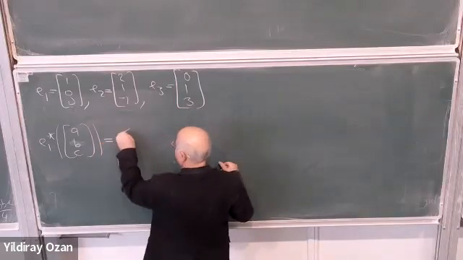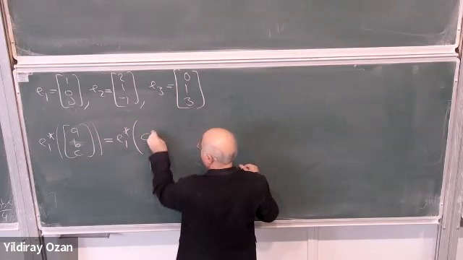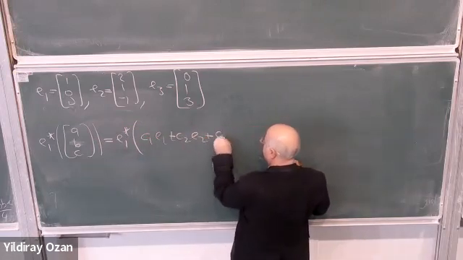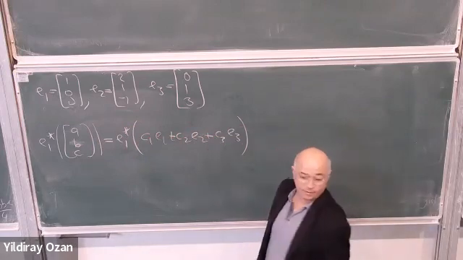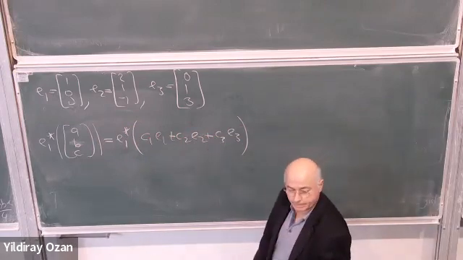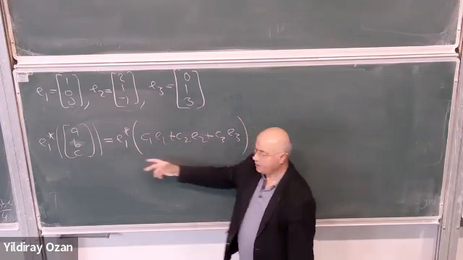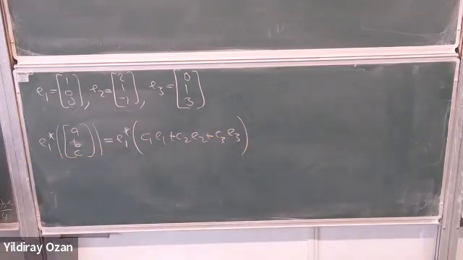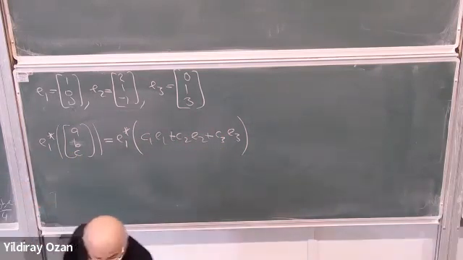This is E1 star of C1 E1 plus C2 E2 plus C3 E3, right? Yes, this is linear, and A, B, C is written like this.